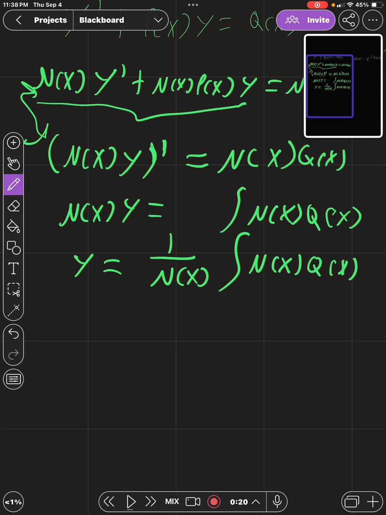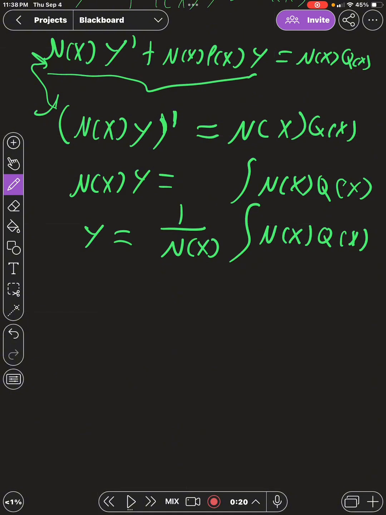Well, we can actually use the product rule to find mu of x y, all differentiated. Remember the product rule is just f g, all prime, is equal to f g prime plus f prime g.